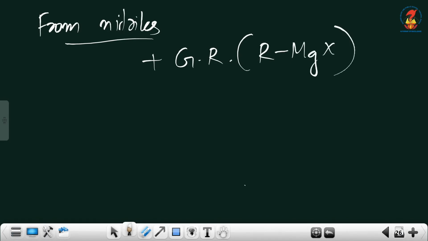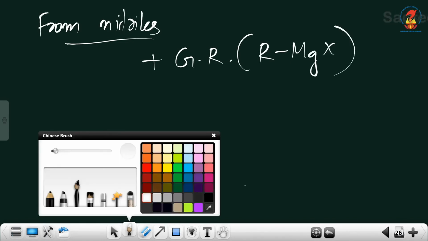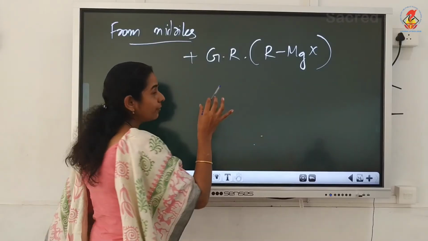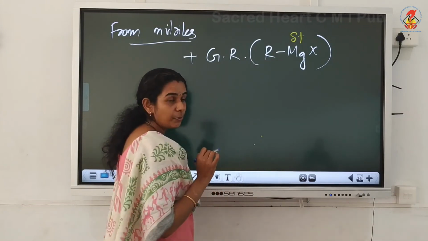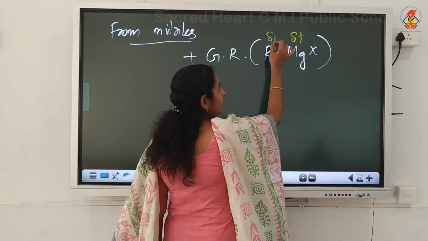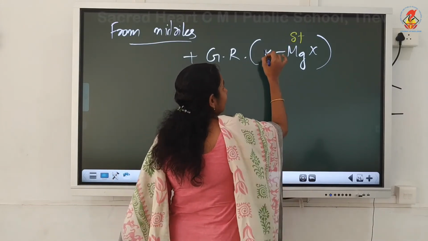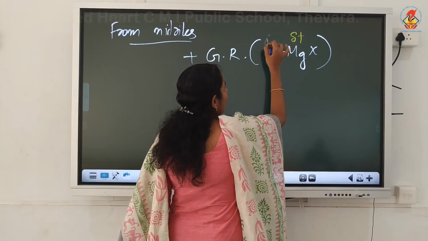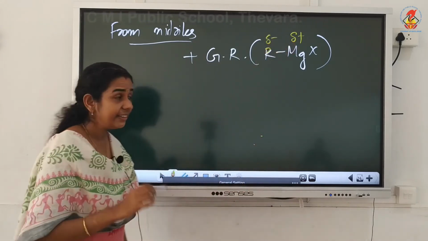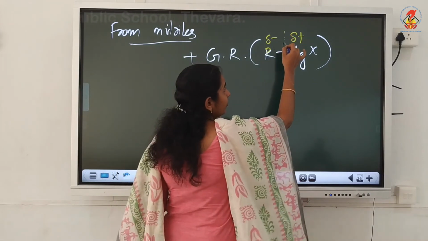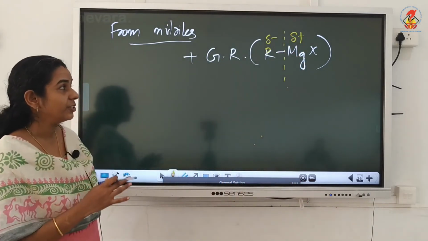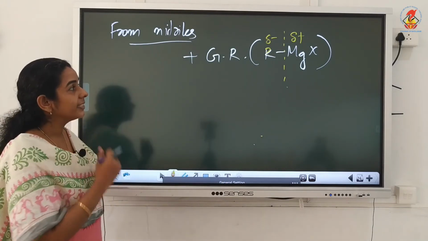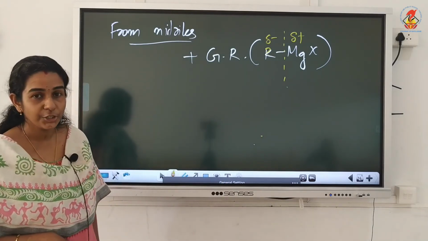And always remember the polarization of RMgX, that is the key for all the reactions. Magnesium will always be delta positive and carbon will always be delta minus, and there will always be splitting of the carbon magnesium bond. There is no splitting of the magnesium and X bond.